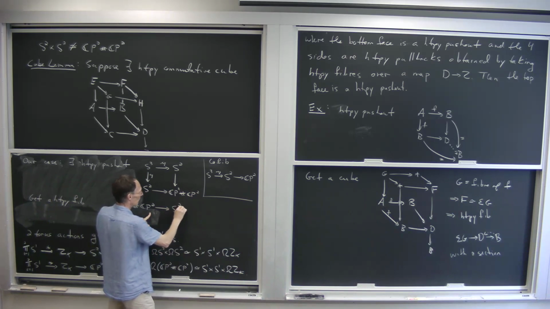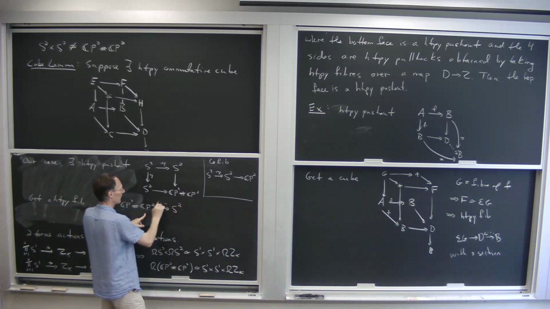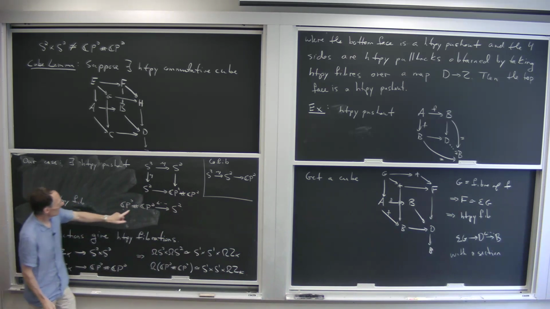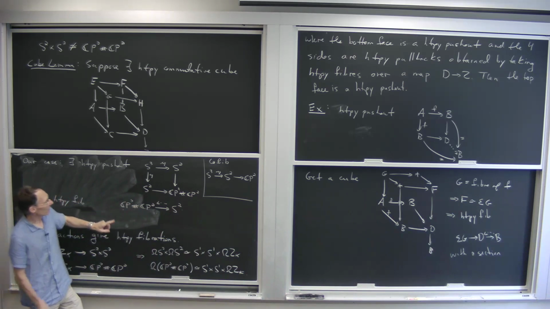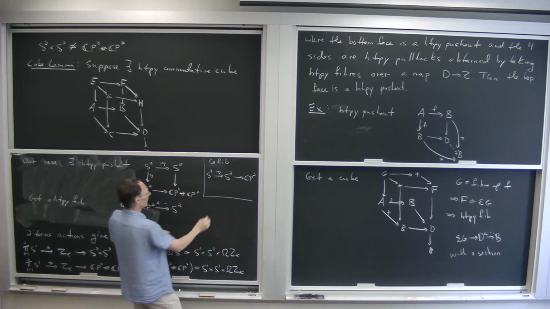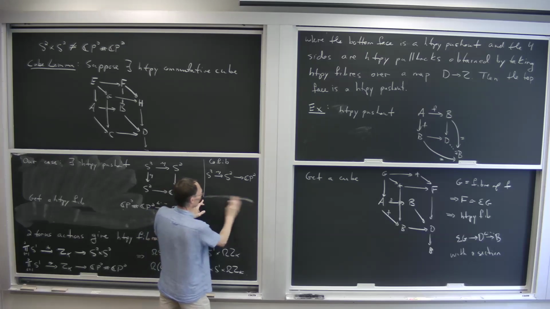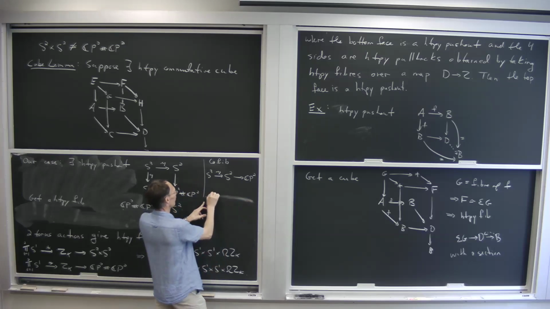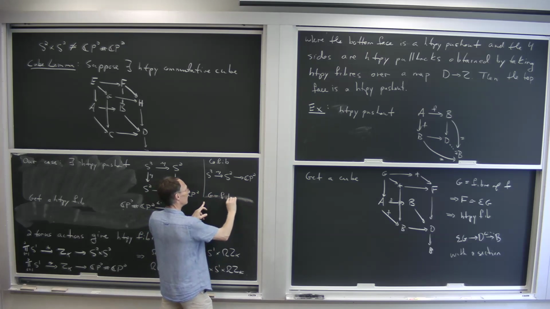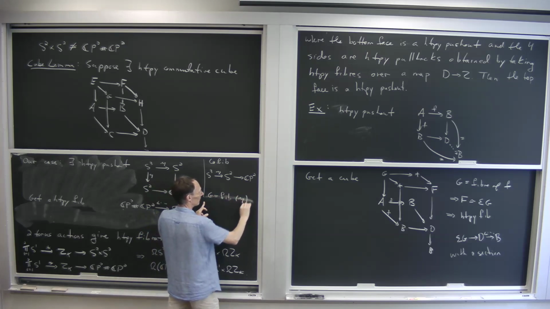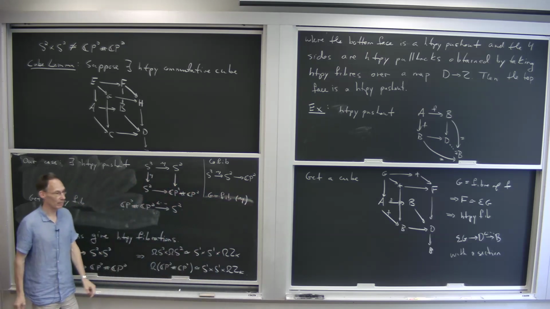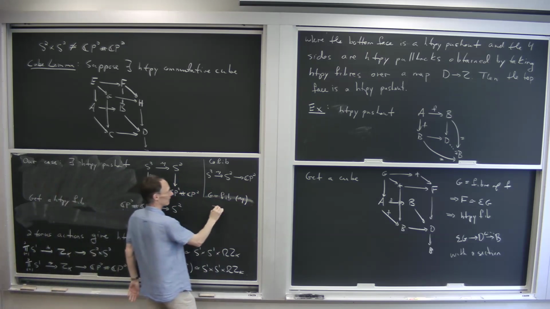This is a section after you loop. And the fiber is going to be, in this case, the G in this case is the fiber of this Hopf map, and that's an S1.